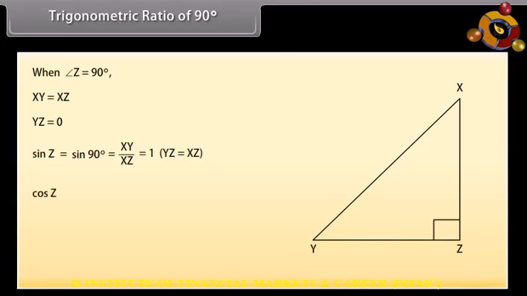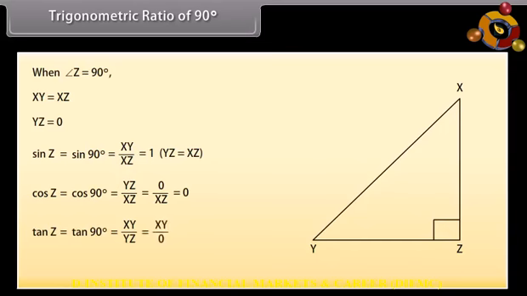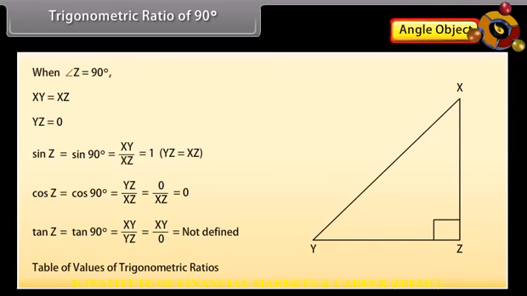Cos Z is equal to cos 90 degree, which equals YZ upon XZ, is equal to 0 upon XZ, which equals 0. Tan Z is equal to tan 90 degree, which is equal to XY upon YZ equals XY upon 0. Therefore, tan 90 degree is undefined. Let us summarize our exercise in a table.